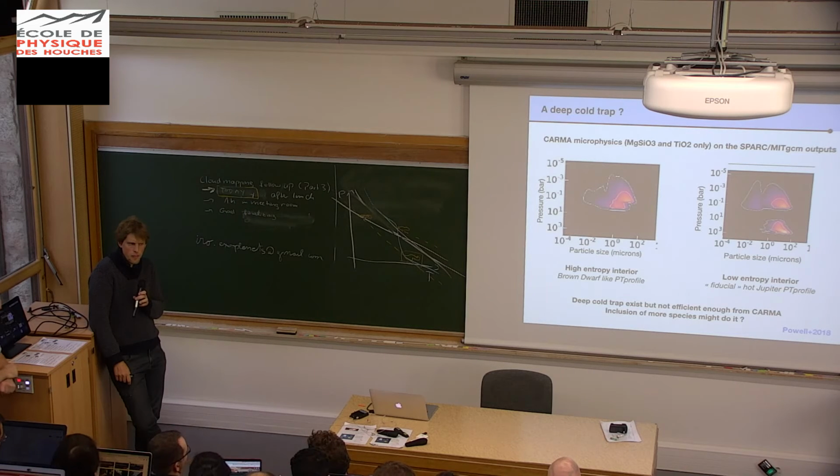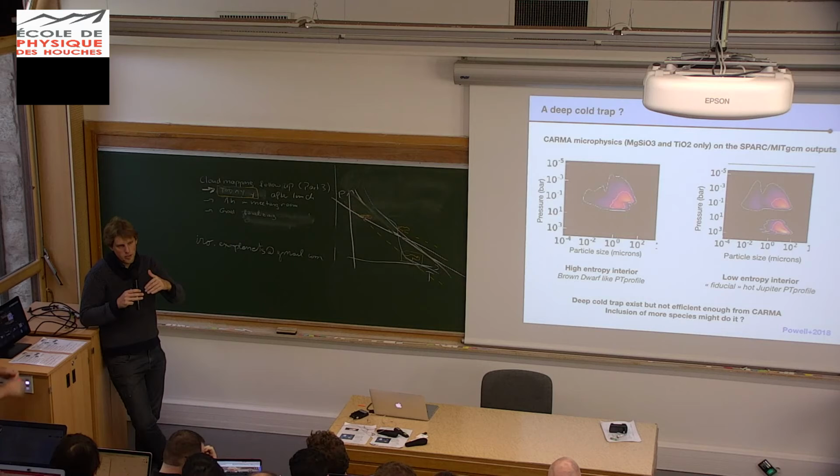I think the evidence for clouds comes more from the fact that you either don't see the sodium. So it's more like how high is the slope compared to all the other molecular features.